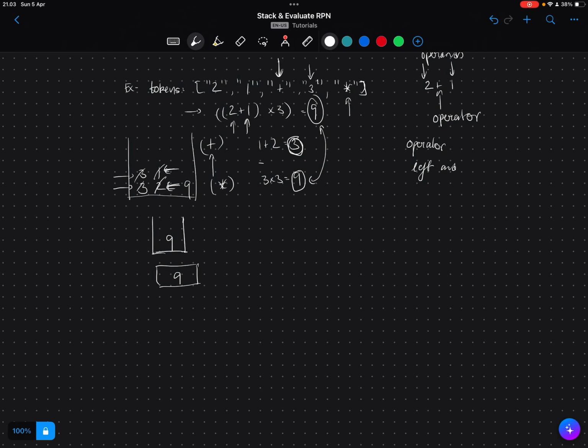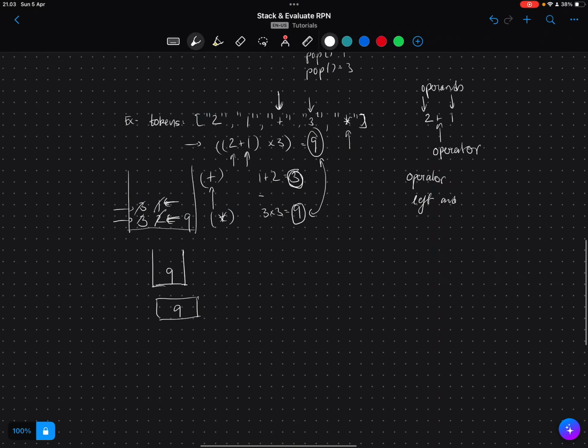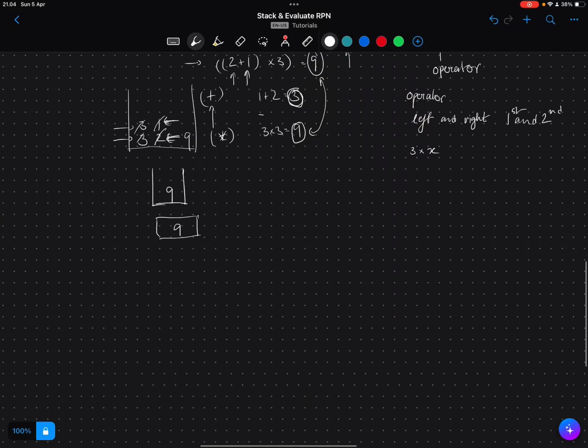I don't want to get into the details of unary operators, that comes in C++. But for the sake of this question, you wouldn't write 3 times, you'd do 3 times something, some variable x. That's what I mean by there will always be a left and right, which means there will always be one operand and a second.